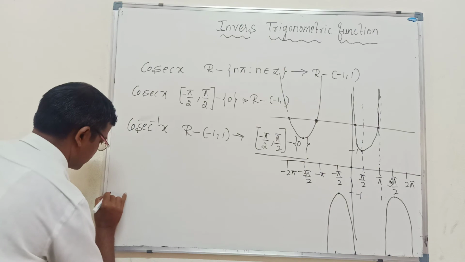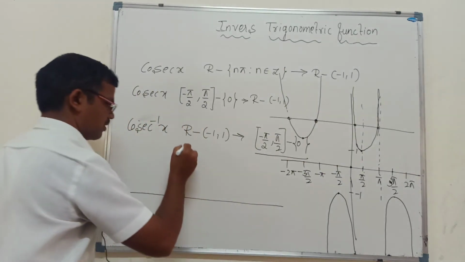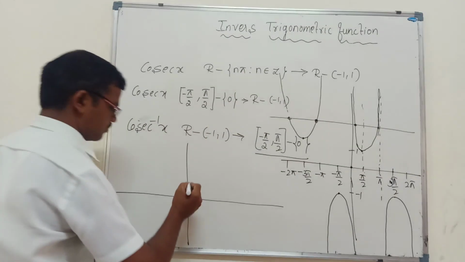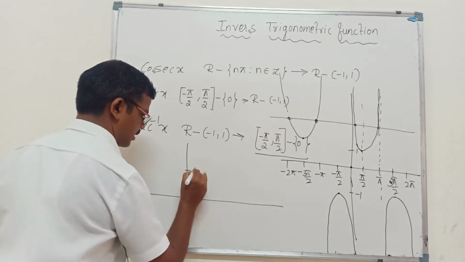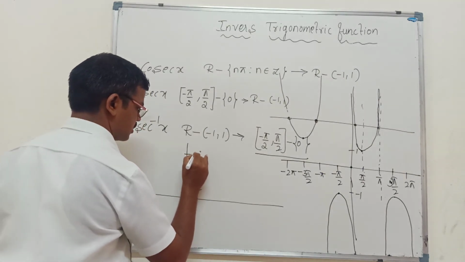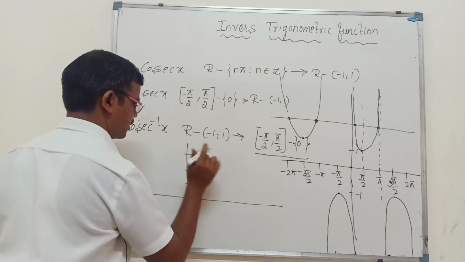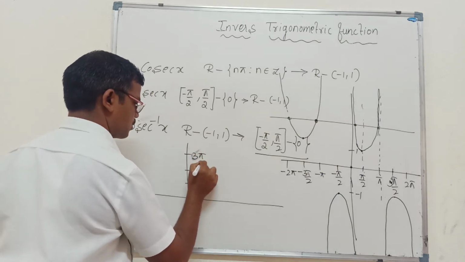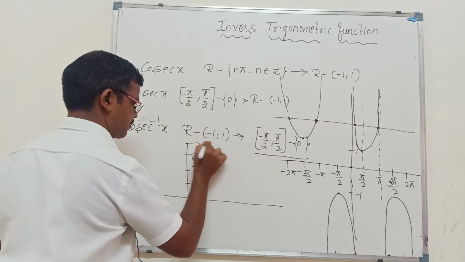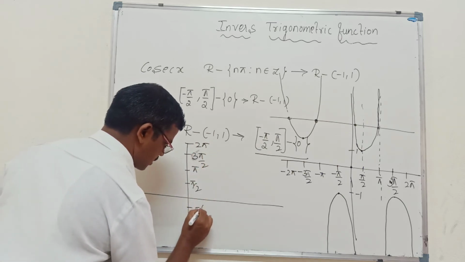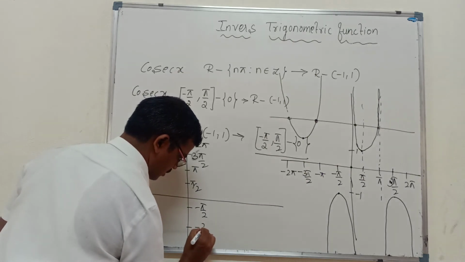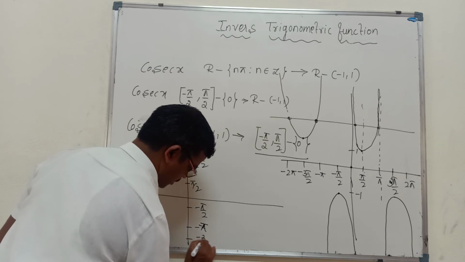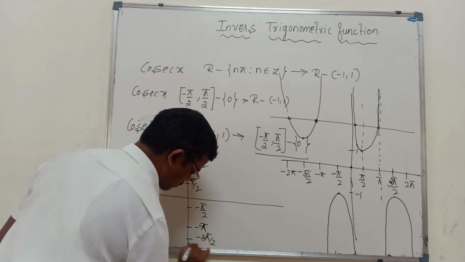So let me see the inverse graph, that is the reverse of that. Pi by 2, pi, 3 pi by 2, 2 pi. Here minus pi by 2, minus pi, minus 3 pi by 2, minus 2 pi.